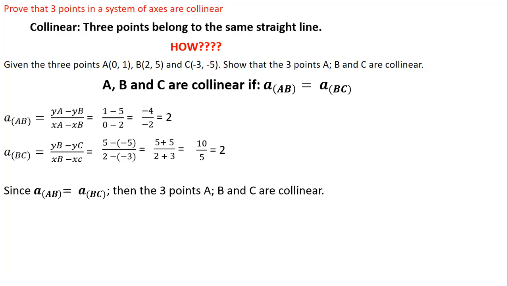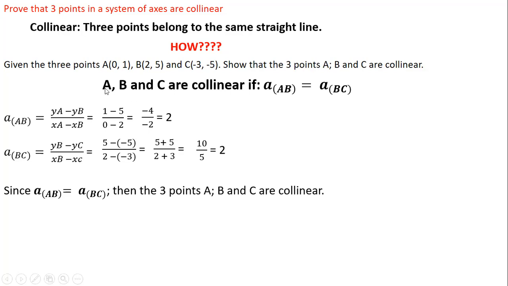Any question about what I discussed now? No question, it's clear. Okay, so this is how we prove 3 points in a system of axes are collinear. This is the rule. The slope of the first 2 points should be equal to the slope of the second point with the third point.